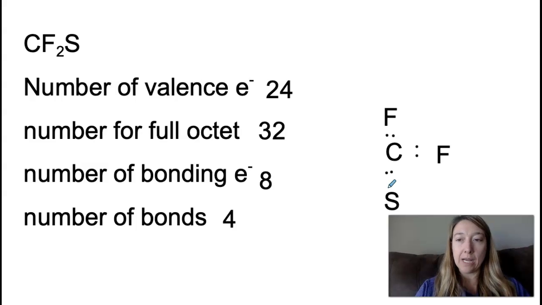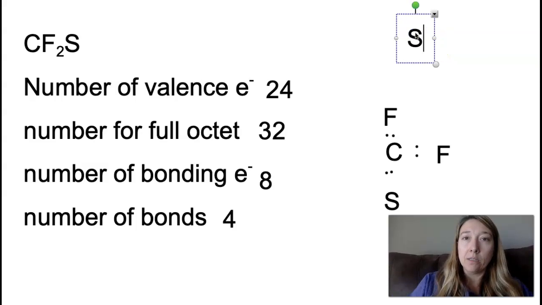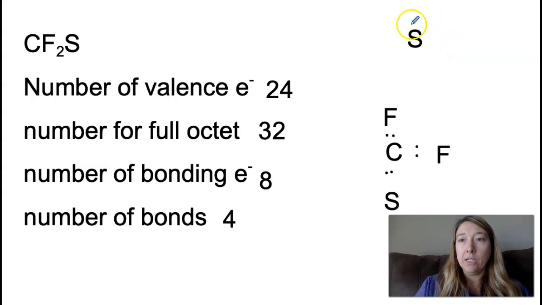Okay, the reason it matters, if you think about fluorine, fluorine on its own has 1 empty valence spot, right? So that would say that fluorine generally wants to make 1 bond because it only has 1 bonding electron, okay? Whereas sulfur, if we were to draw the dot diagram for sulfur, we would do our S, and it has 6 valence, right? So 1, 2, 3, 4, 5, 6.